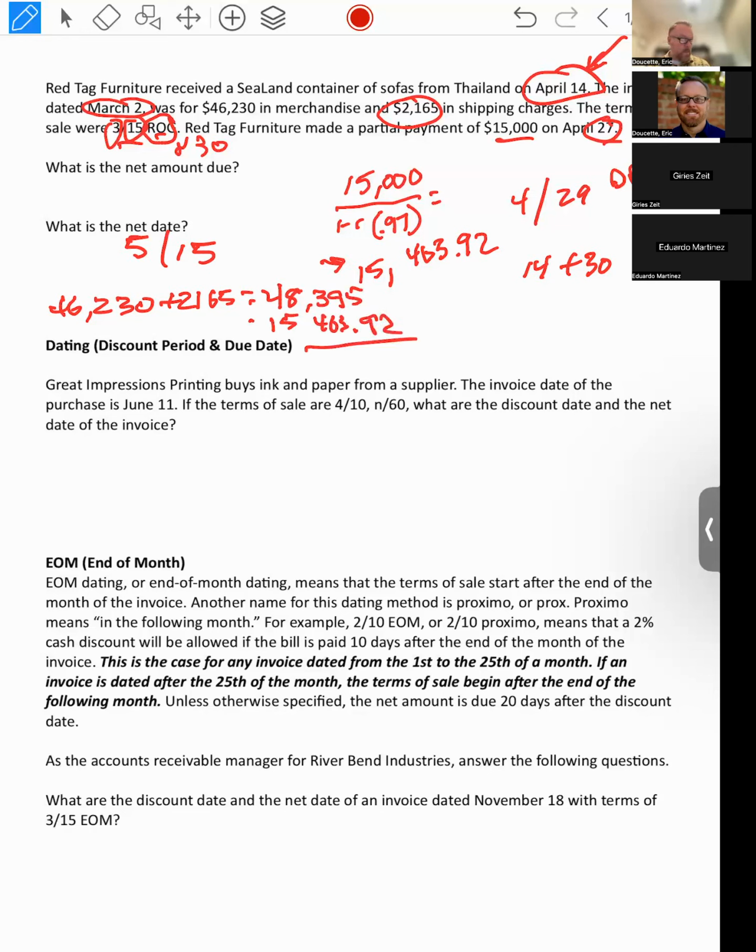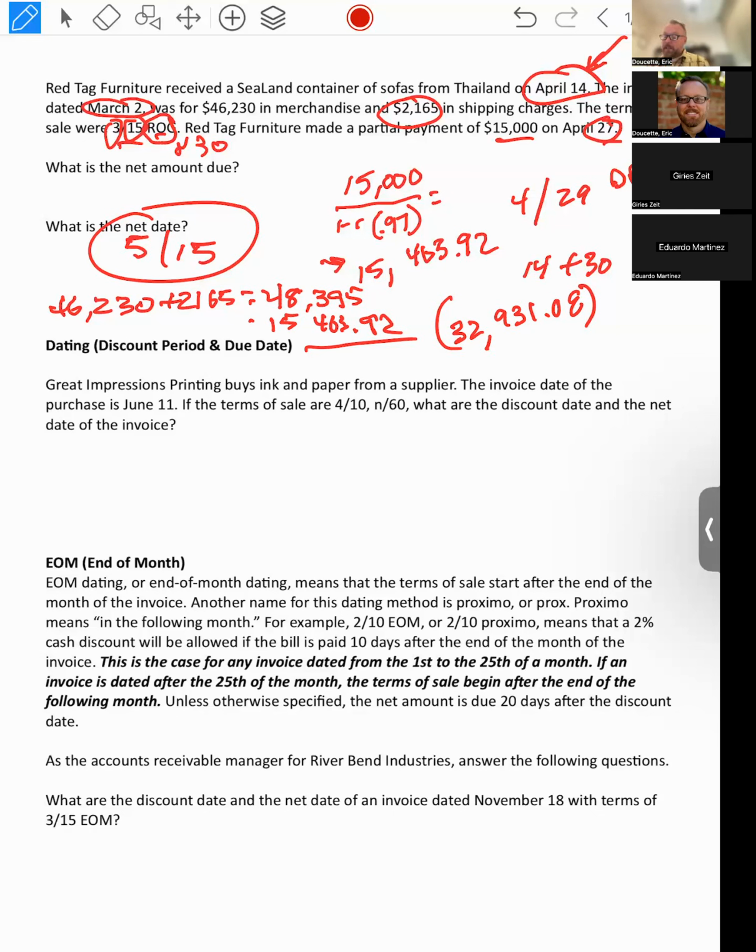That's going to give me my new invoice amount, which is going to be $32,931.08. So that's what I owe on the due date, which is May 15th. All right, so when you do receipt of goods, just make sure you count your days from when you receive the goods. That's the trick, right?